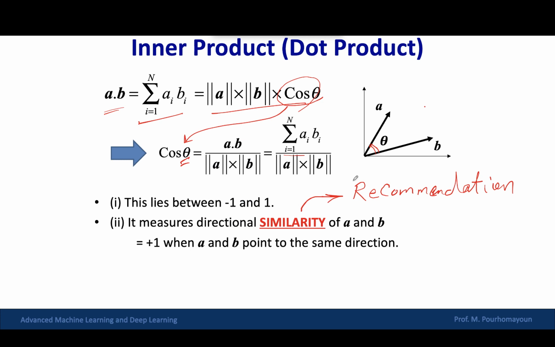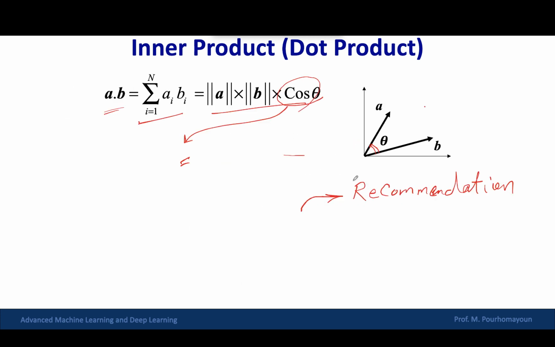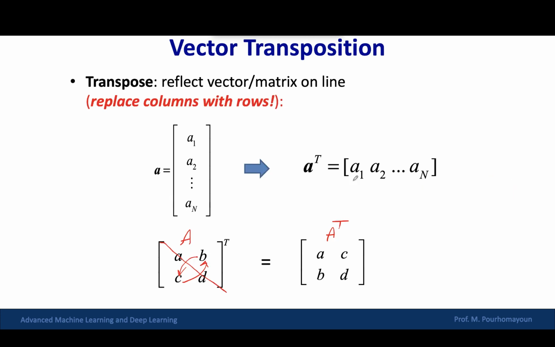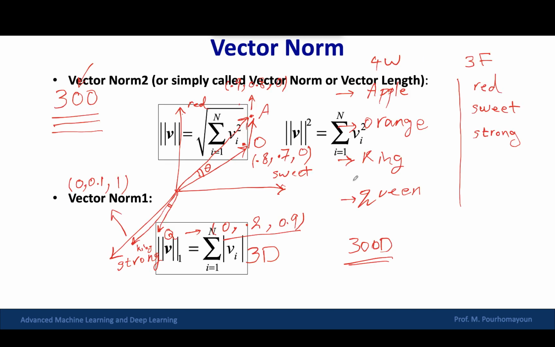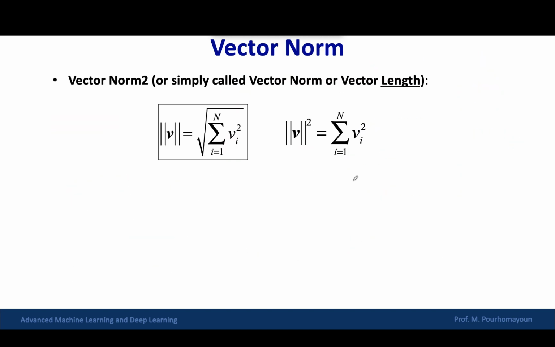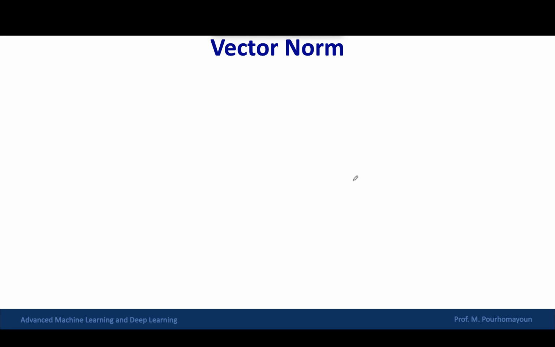So generally speaking, we have two types of, let me open a white page. We have two types of recommender systems.